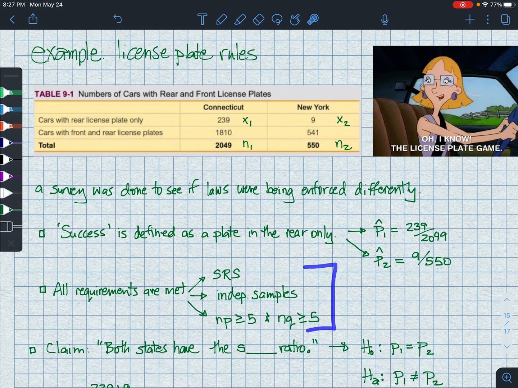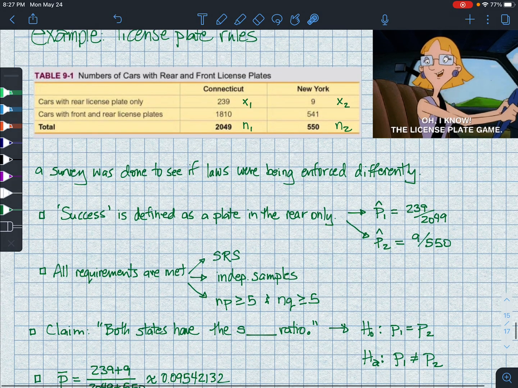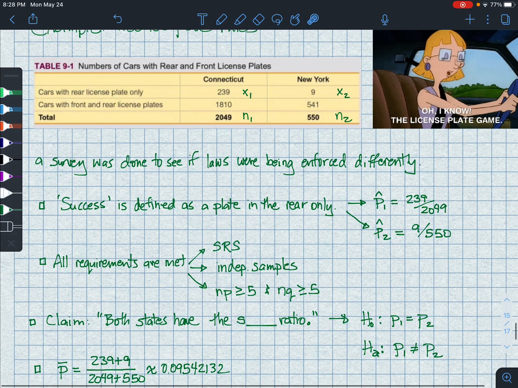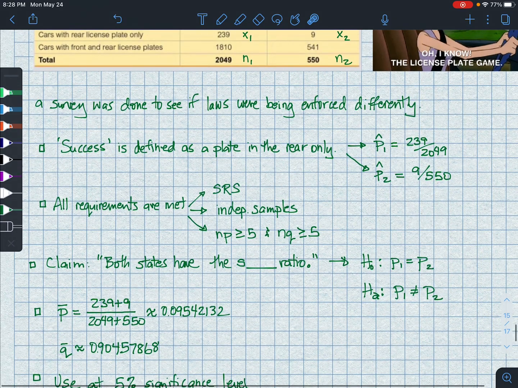We have all 3 requirements met. That is, the samples are independent of each other. It's a simple random survey. We trust the author to have done this properly. And then n times p is much larger than 5. All right, and the claim is that both states, New York and Connecticut, have the same ratio.